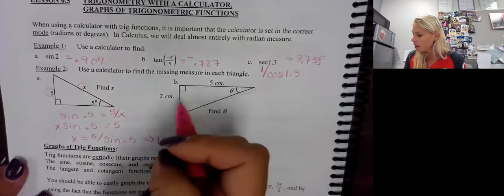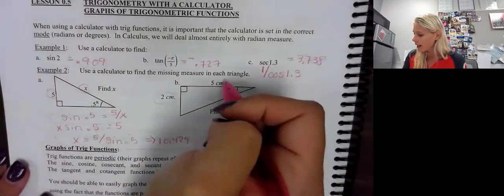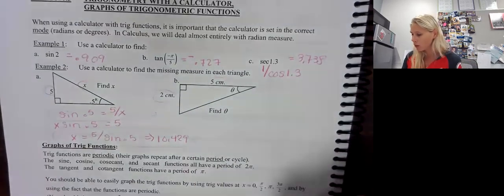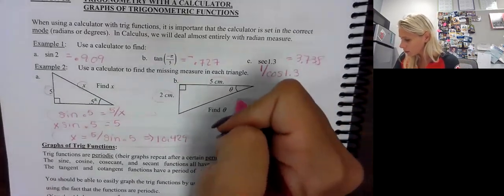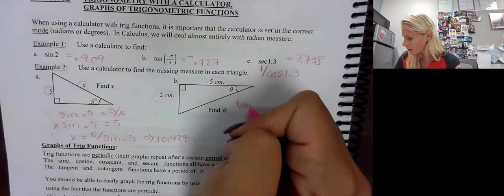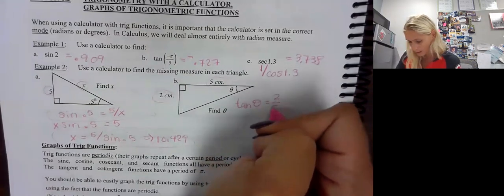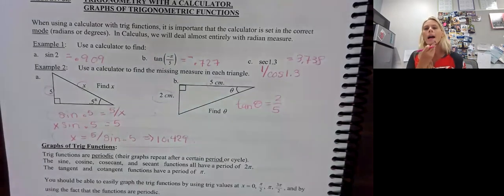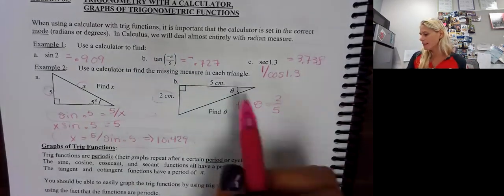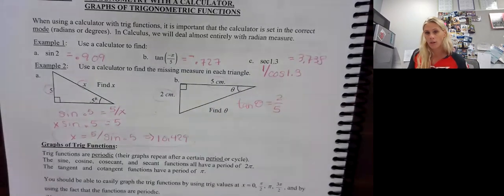Here with theta, we have opposite and we have adjacent. So of course that would be tangent. So we get tangent theta equals 2 over 5. Now, how do we get theta by itself? Because in this case, we're solving for the angle.